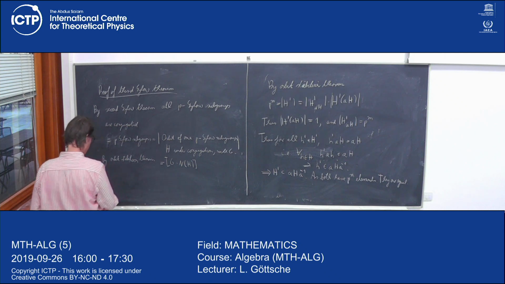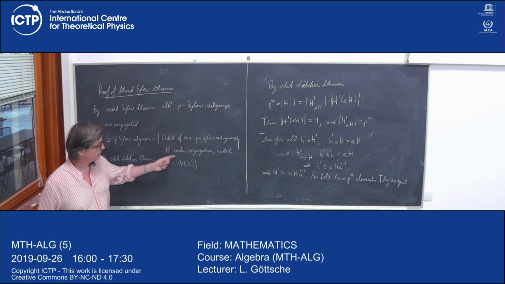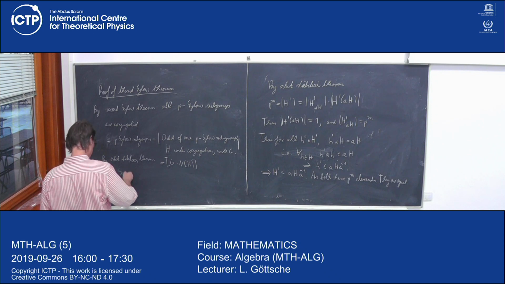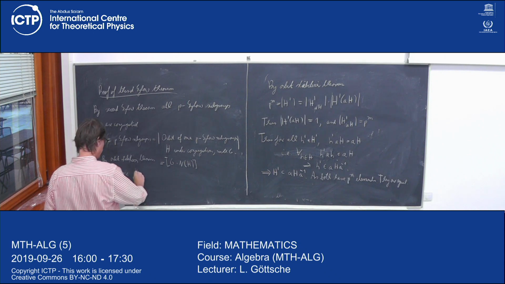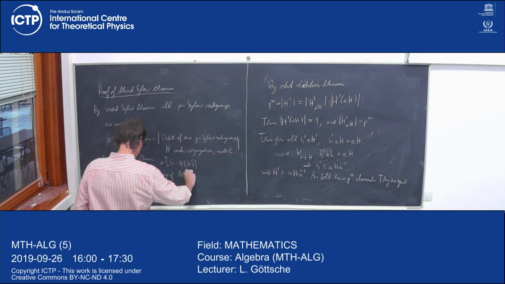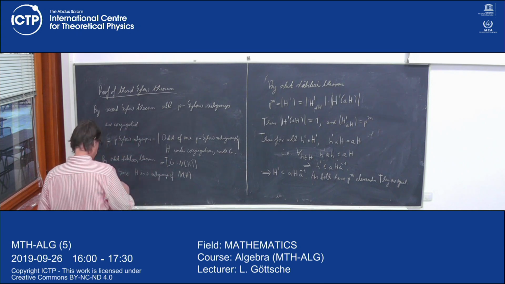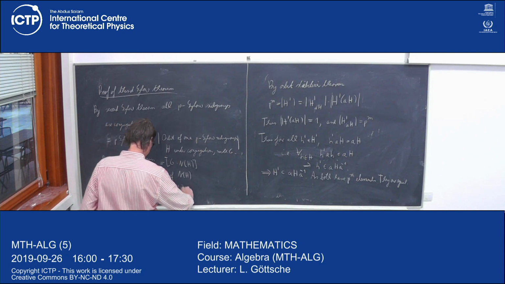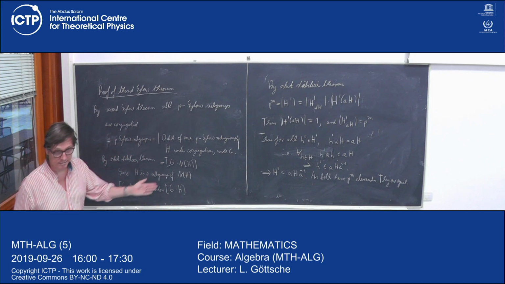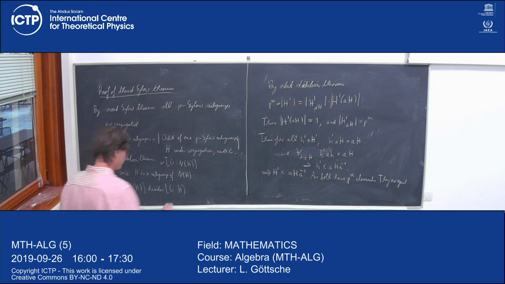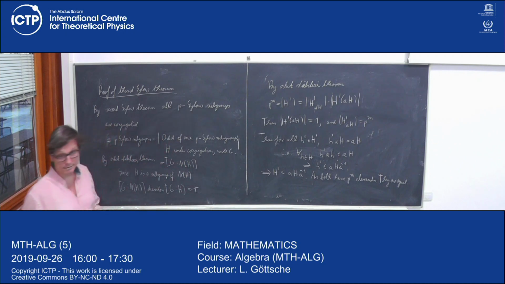Since we know that H is a subgroup of NH, we have that this thing, the index of NH in G, divides the index of H in G. So this quotient is the index of H in NH, which is R. And this was the first statement.